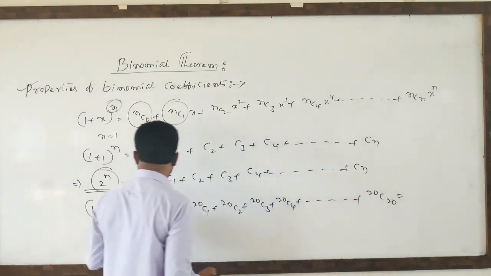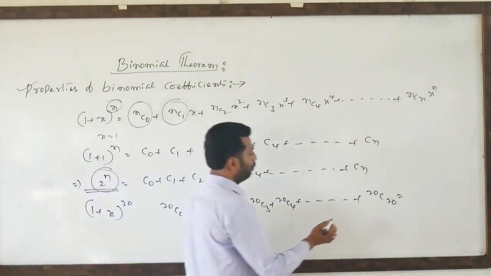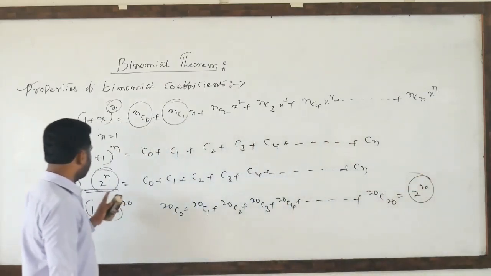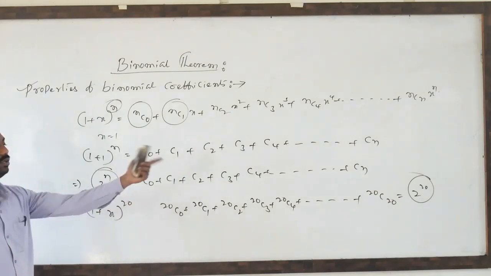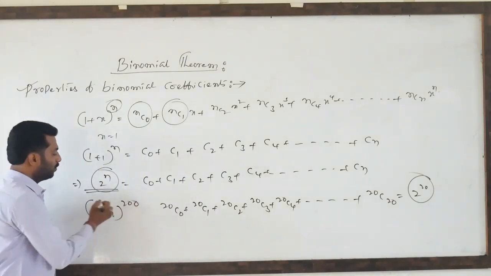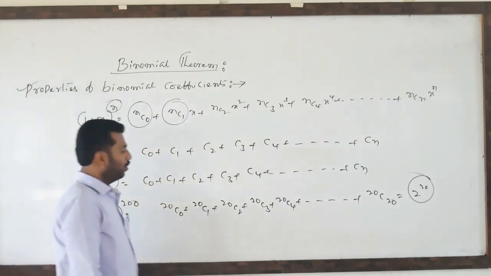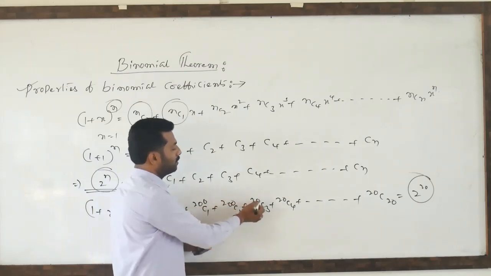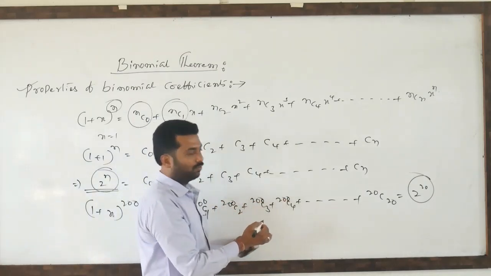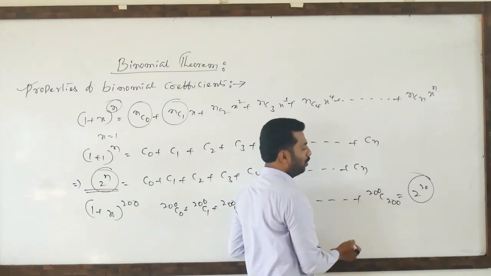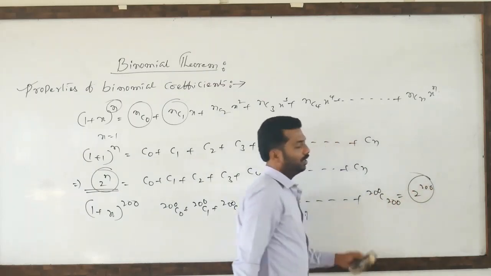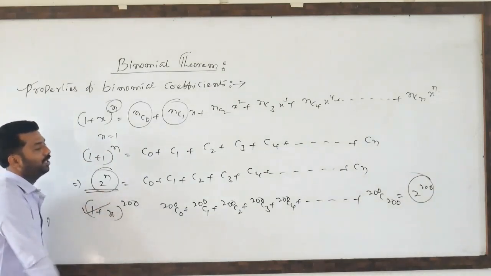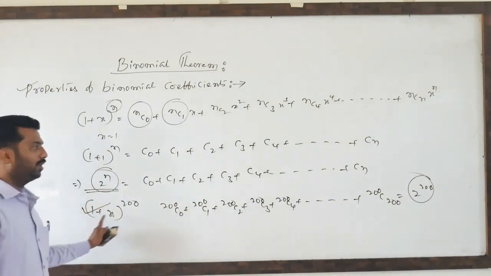How much is it? 2^20 we have to write. So it is 2 to the power of the binomial exponent. Suppose (1 + x) to the power 200 is there. What is the sum of 200C0, 200C1, 200C2, 200C3, 200C4 and so on up to 200C200? The power is 200, so 2^200. Like this we have to answer. This is the most important result in the coaching part, we should remember.